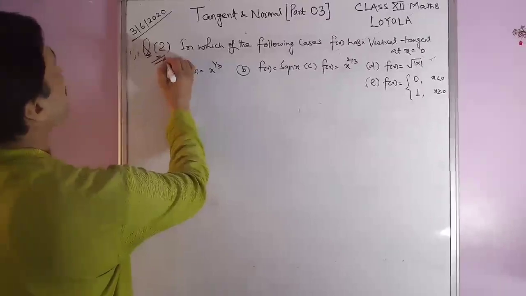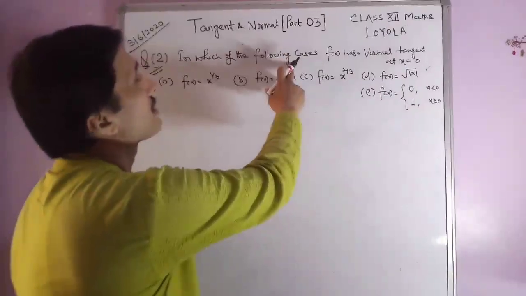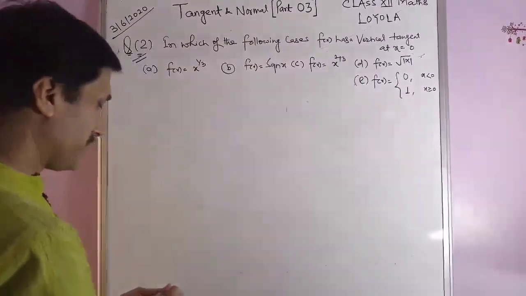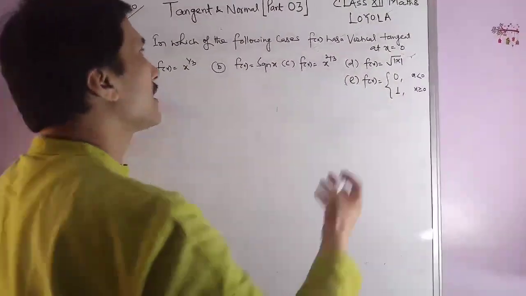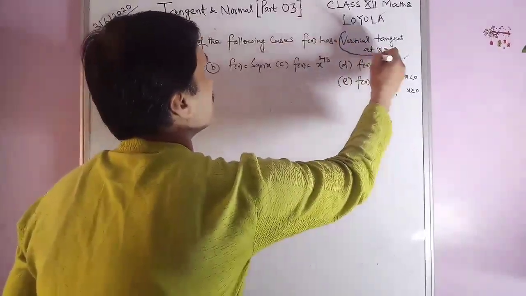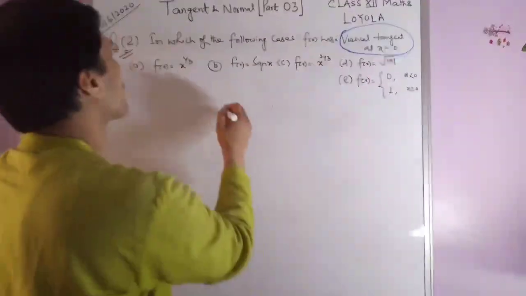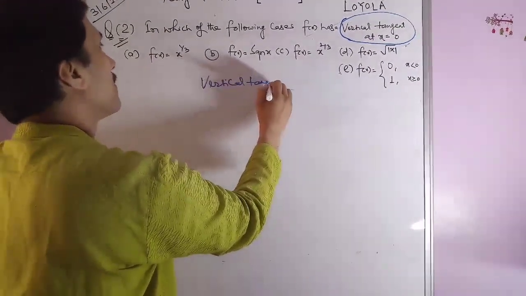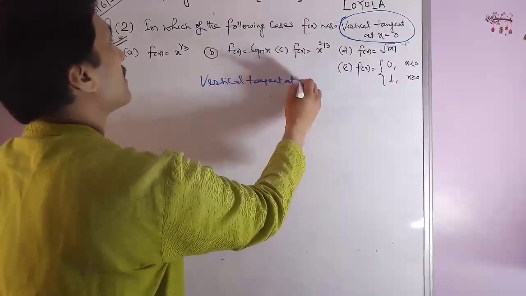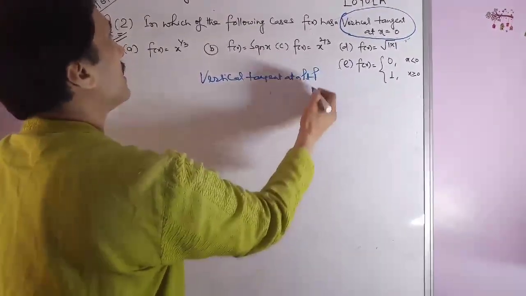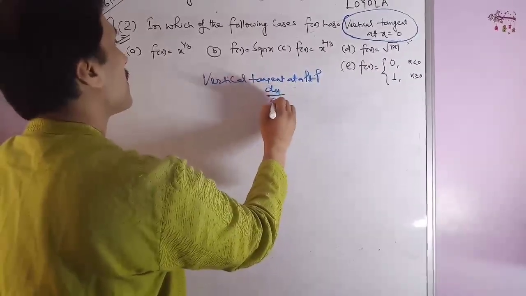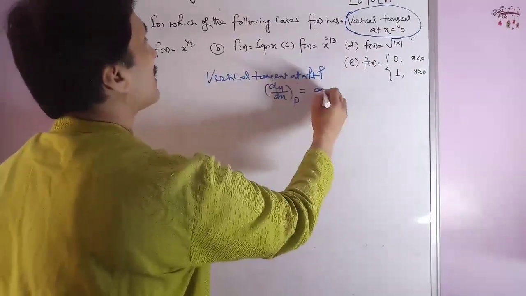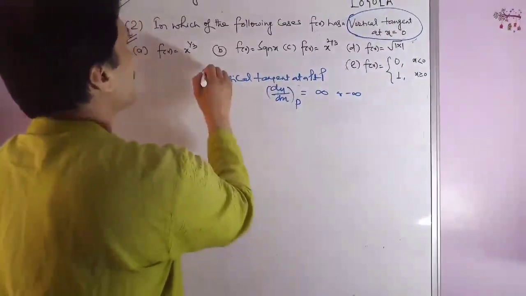Here the second one is, in which of the following cases does f of x have a vertical tangent at x equal to 0? Vertical tangent at a point P means dy by dx at that point P equals either infinity or minus infinity.